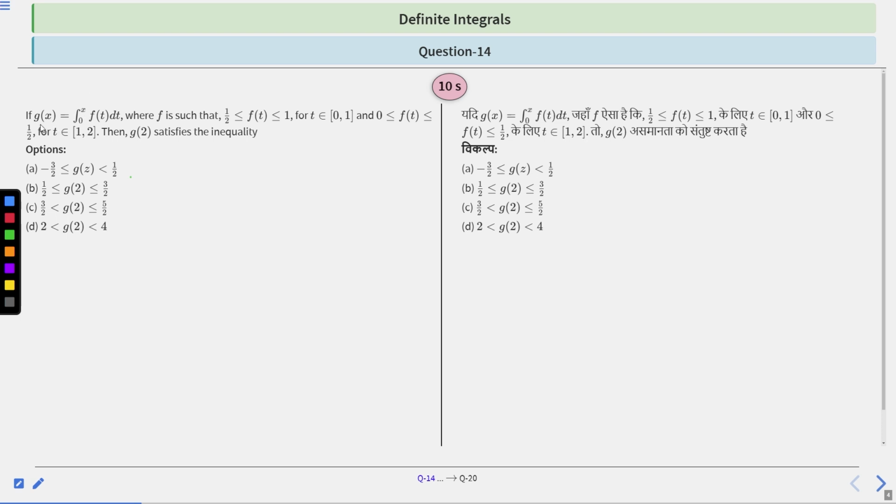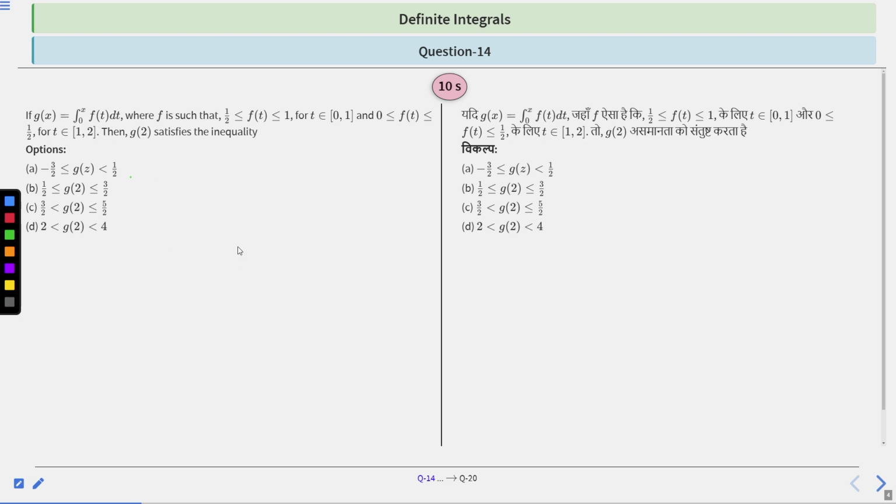So see, here gx is given in terms of ft, right? And ft is given for two different intervals. So we will calculate gx as the integral 0 to 1 ft dt plus 1 to 2 ft dt, right?